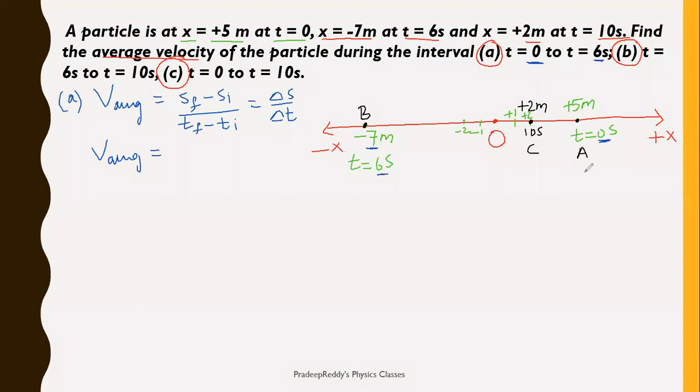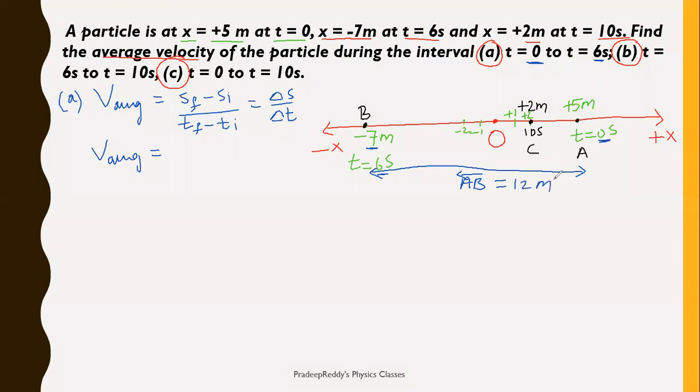So that means starting from A, the body is coming to position B, right? This is AB. The body is starting at A and it is coming to B, and that is length AB. How much length is it? From here to here it is 5. From here to here it is 7. 7 plus 5, that will be 12 meter.